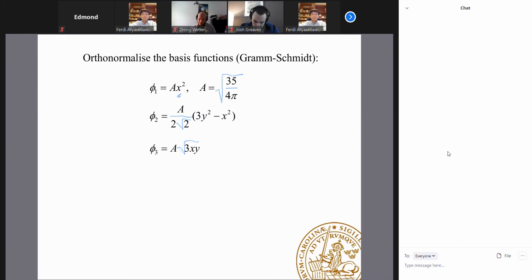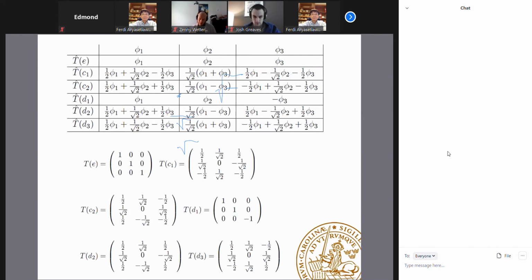So now we can use these functions to construct our representations. So we have again a table of phi 1, phi 2, and phi 3. Now they are normalized functions. And then we see how they transform under the group symmetry operations. So we have it in the list here.